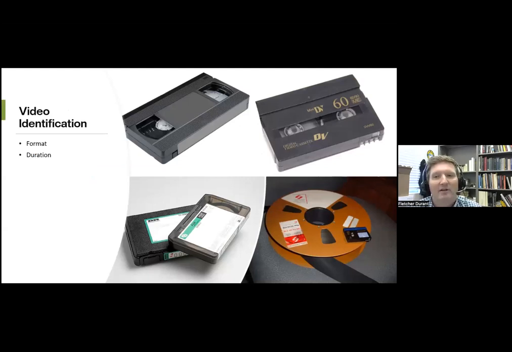Video identification, again, very similar. Videotapes emerged in the late 50s and early 60s. There were a wide variety of them in the early days, but then they really became fairly standard. First we see in this bottom right-hand corner a 2-inch video tape.